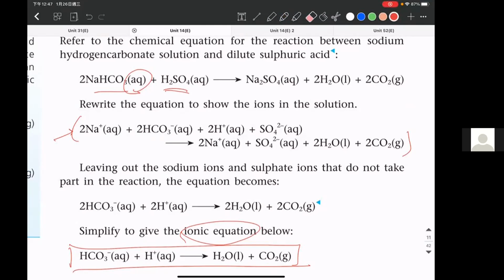Sodium ion and sulfate ion. Yes, that's right. Sulfate ion can be crossed out. And sodium ion can also be crossed out. So leaving behind is 2 hydrogen carbonate, 2 hydrogen ion, 2 water, and 2 carbon dioxide. Very strange, isn't it? 2, 2, 2, 2. So you are going to simplify it by writing down 1, 1, 1, 1.